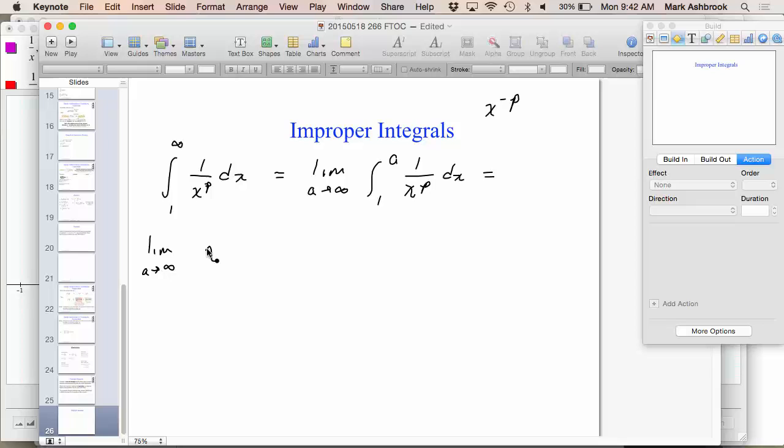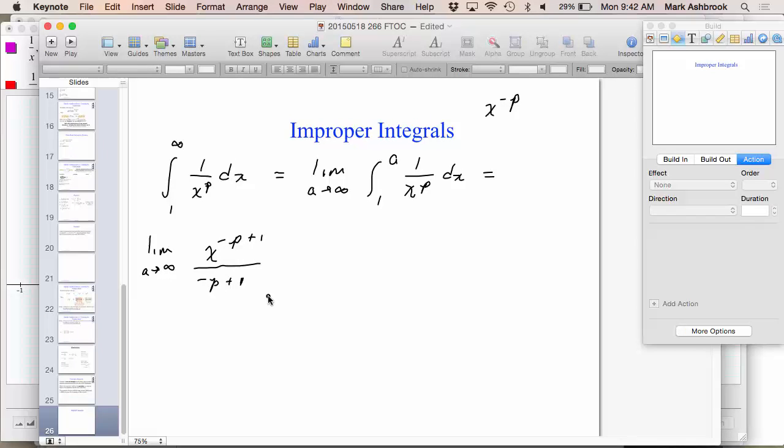So when we do the power rule, it'd be x to the minus p plus 1. But then we need 1 over negative p plus 1, right? Okay, well, yes, right, but we'll see that when we do the math, okay?